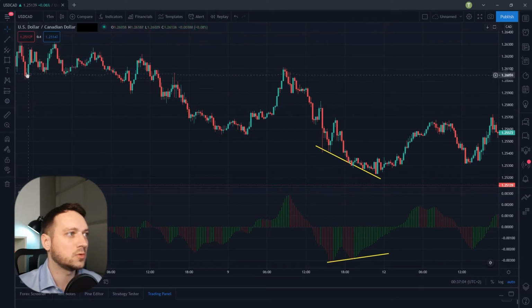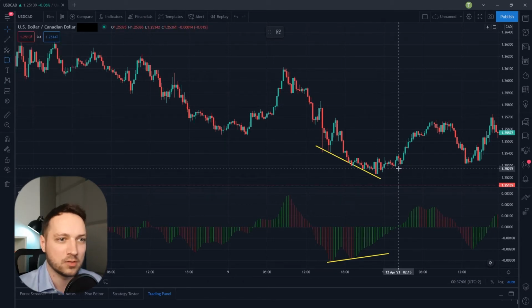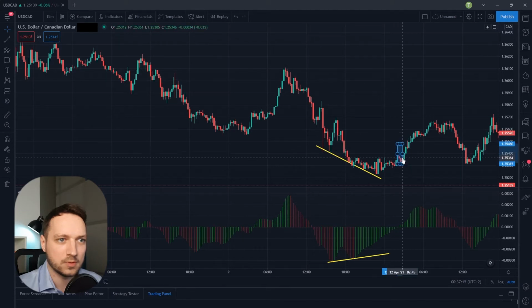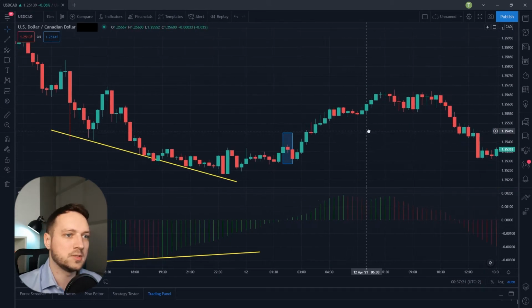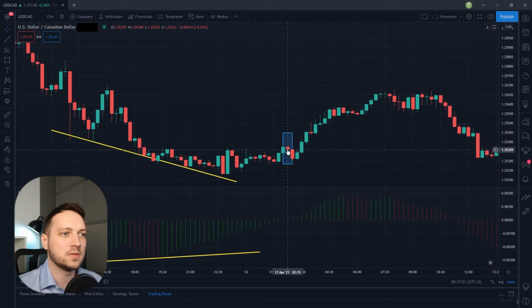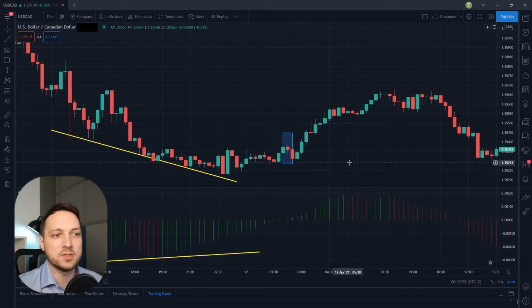So it would mean that we are entering on this red candle. Let's zoom in. We are entering on this red candle the buy position.